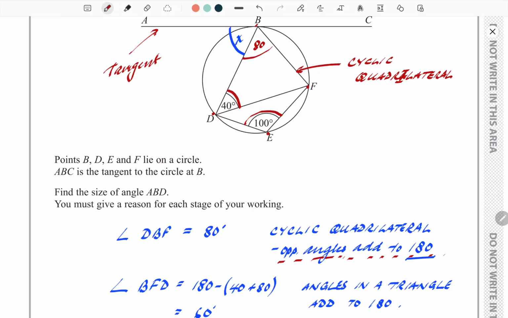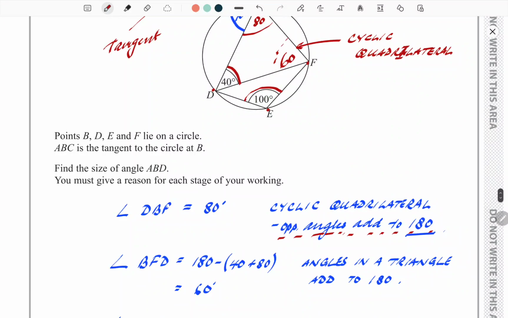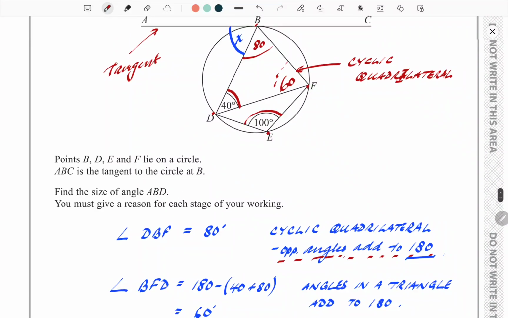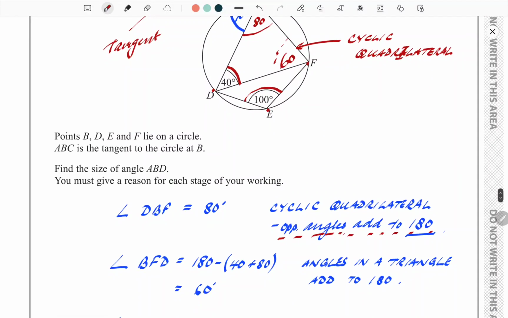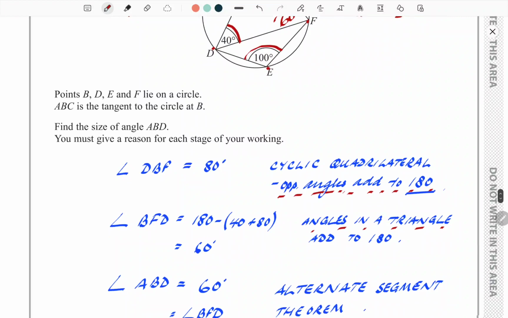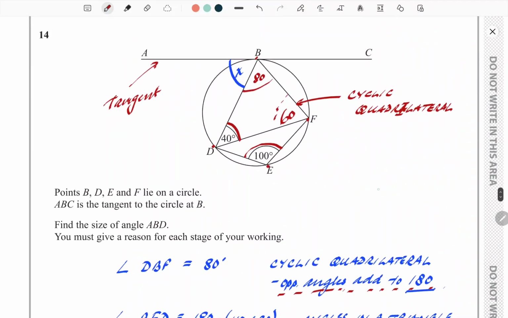So if that's 120, this one must be 60. So using that property, angle BFD equals 180 minus the sum of the other two angles, so therefore equals 60. Stating that angles in a triangle add up to 180 shows your reasoning. And finally, the relationship, and this is the bit that I need to draw.